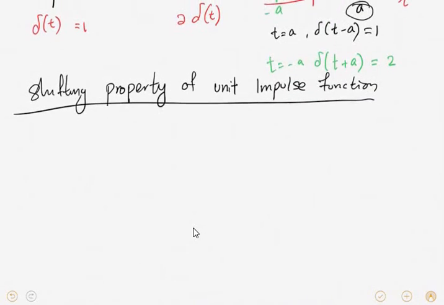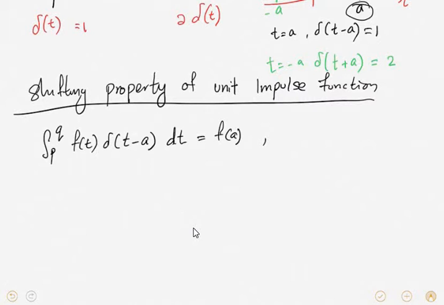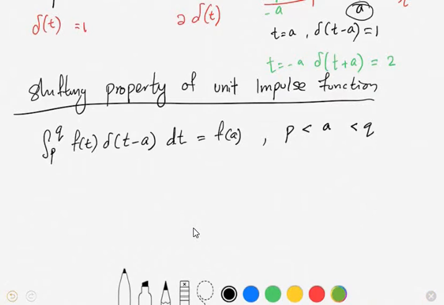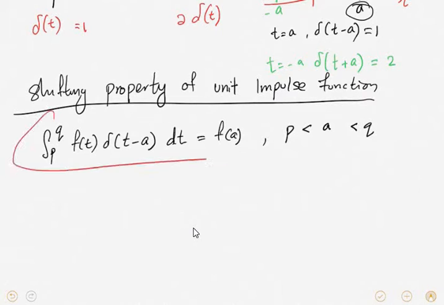For the shifting property, you need to know that there is a formula: the integration from p to q of f(t) delta t minus a dt equals f(a), where a must be in between p and q. So this is the theorem for the shifting property.